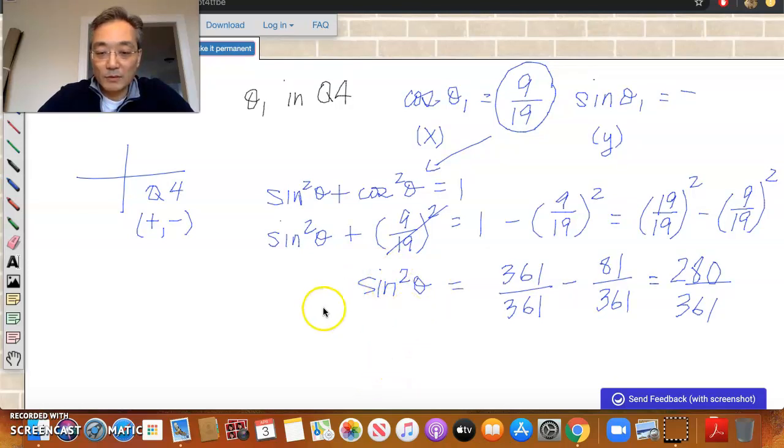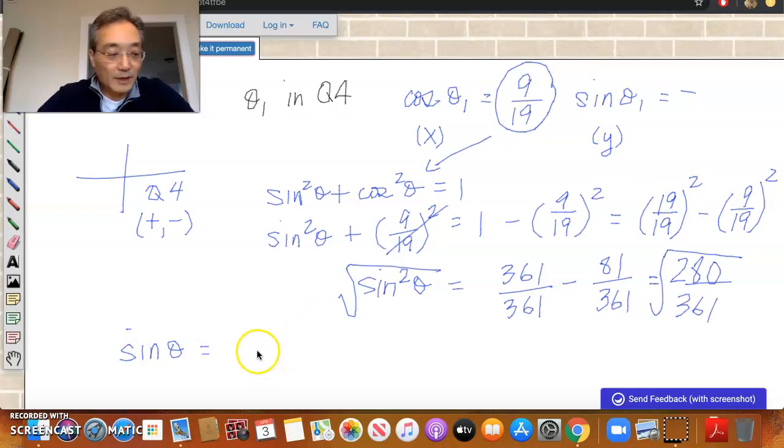Okay, now, of course, we have to take the square root of both sides. So let's take the square root of both sides. And that's going to get me my sine of theta. And now the square root of 280, sorry. If you take the square root of 280, the square root of 280 is not a perfect square, is it?